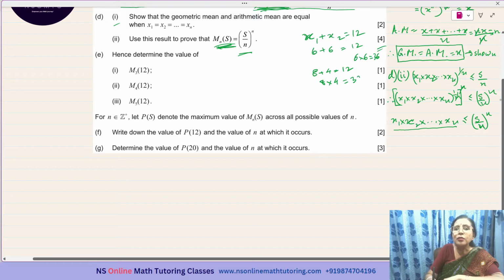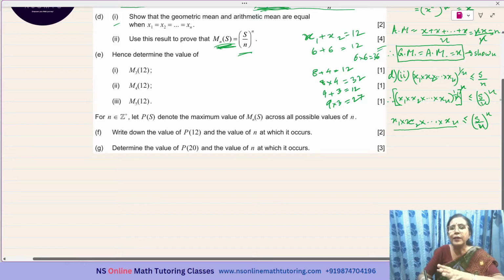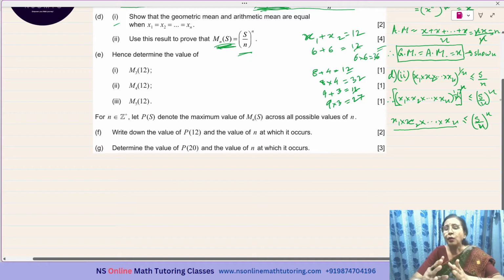It will be equal to 32. Okay. I can take 9 plus 3. This is also equal to 12. But the product, 9 times 3, is 27. So the sum total is 12 every time. But the product is different. Okay. So Mn of s will be the maximum product.